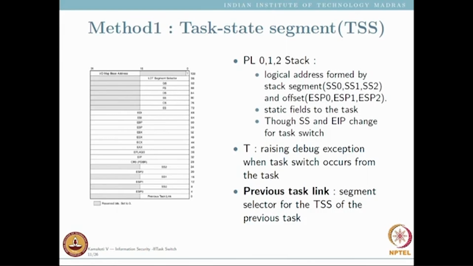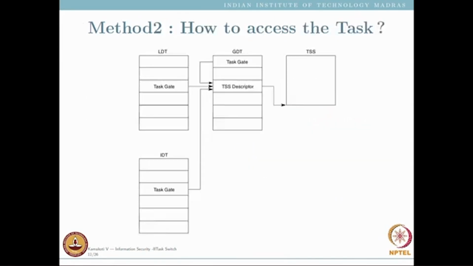So essentially that means you have a TSS for a privilege level 0 stack, privilege level 1 stack and privilege level 2 stack and 3 stack, right? You could have TSS for it, and you will have a corresponding TSS descriptor, then you will have a corresponding task gate which will be pointing to the TSS descriptor. Now what you need to do if you want to go to that task, basically do what?